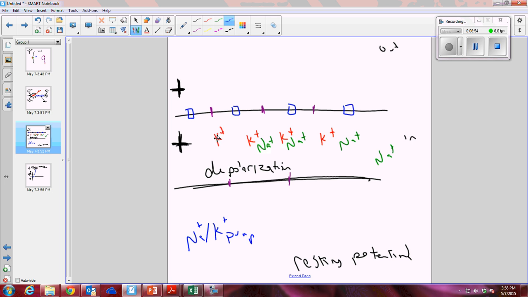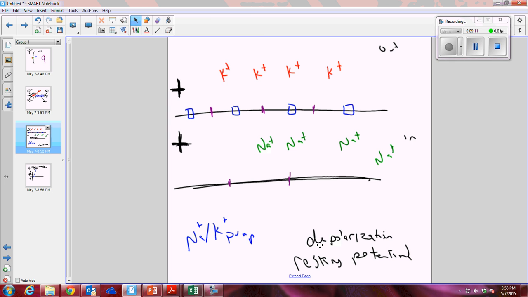Well, the first thing that will happen is the potassium inside the cell will now diffuse out of the cell. And what's that going to do? Well, that is going to repolarize the cell. And so what was positive is now negative again.